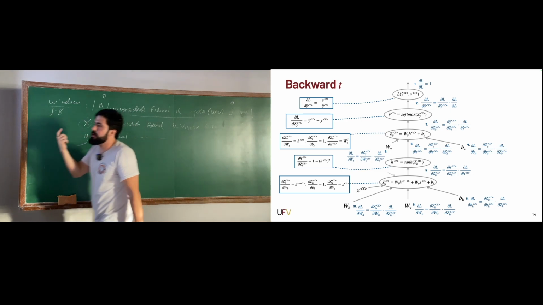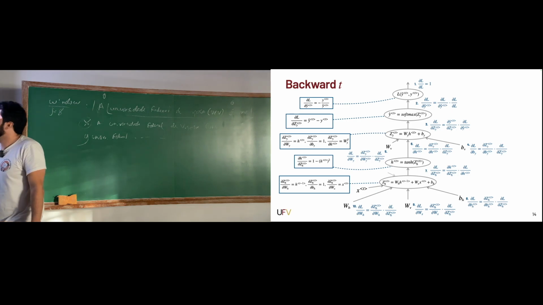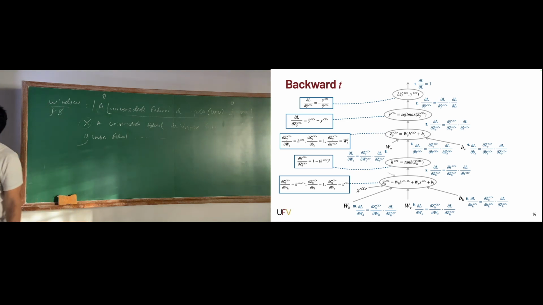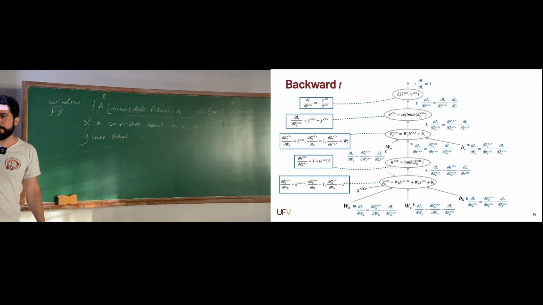Okay? There's only one thing missing here, which is this arrow right here, which would be your 11th step, which is the gradient flowing through the RNN through the time steps. So here, imagine this is the 3rd time step. This arrow is going now to time step 2.